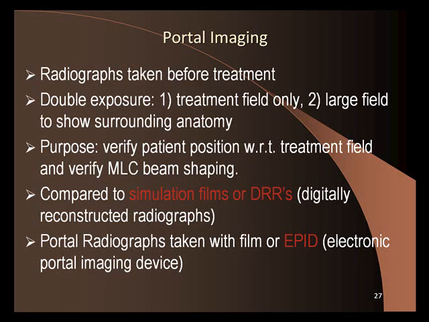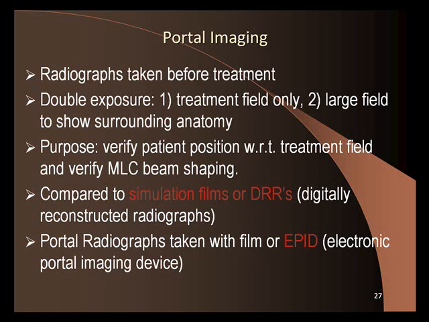The second exposure is you bring the MLCs in. Then the second exposure will show you the blocks, whatever blocking there's been on this patient. So in the second exposure, you'll just see this part right here. So in the dual exposure radiograph, you'll see all the anatomy and then the blocking overlaid on it.